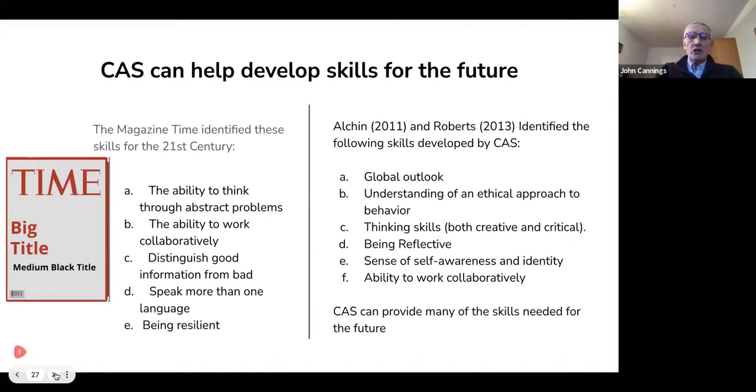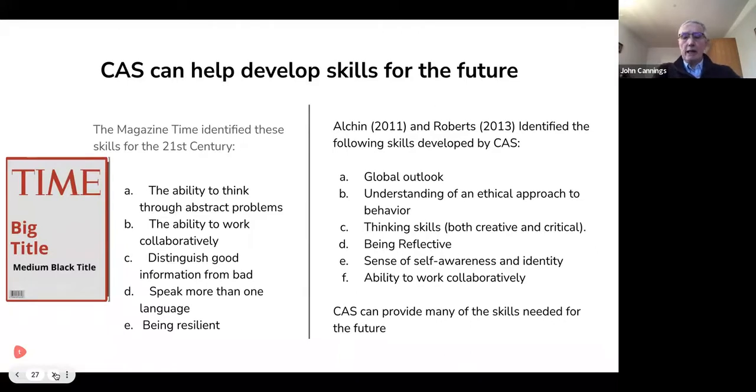One of the things that Time did in an article it produced in August of 2021 was a list of things and qualities they thought people needed for the future. The ability to think through problems, the ability to work collaboratively, distinguish good information from bad, speak more than one language, and being resilient.